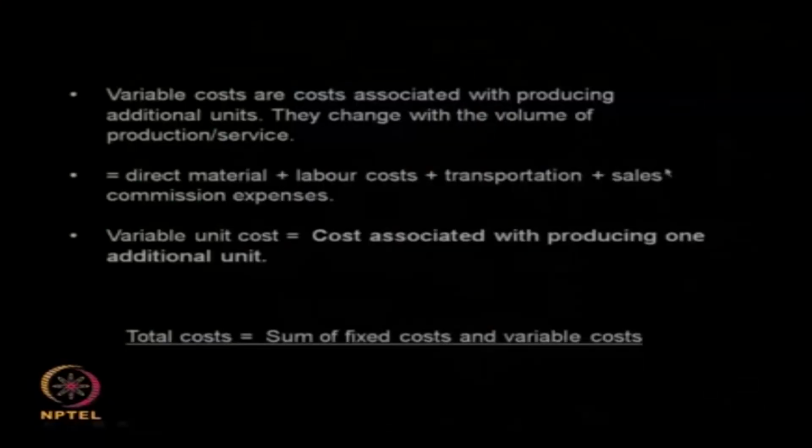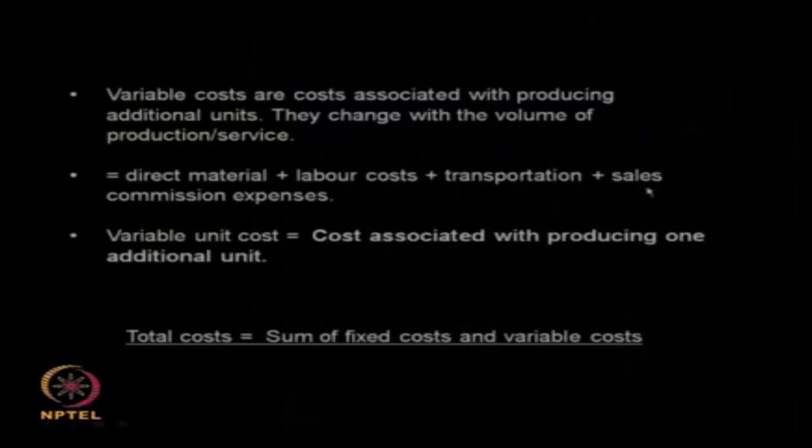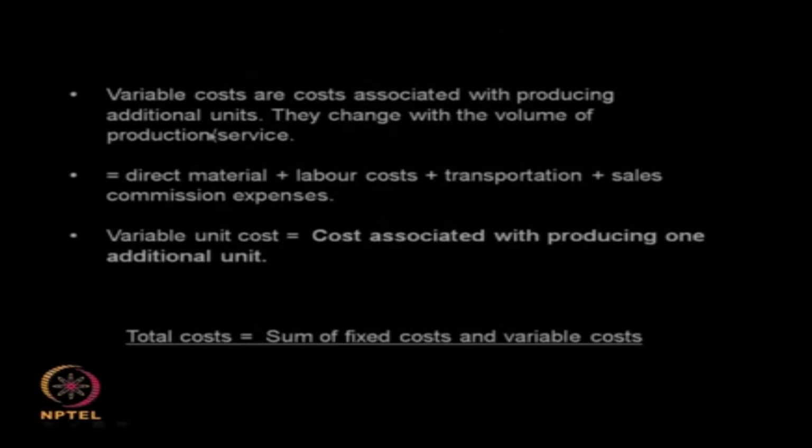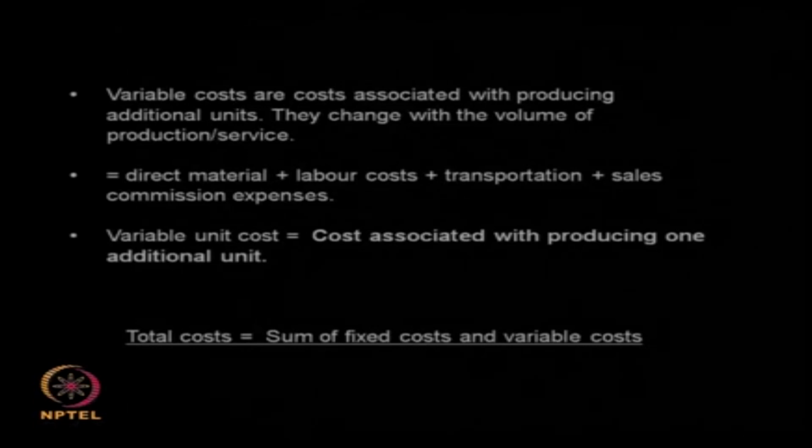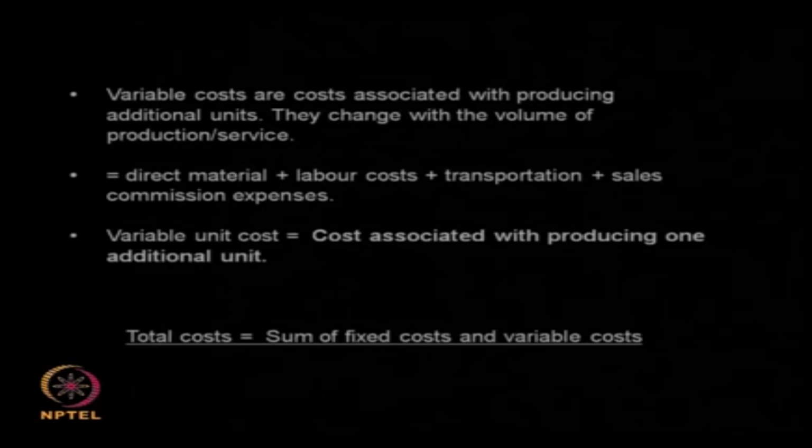Labor cost: if I employ labor, I will be paying for them. Transportation: I am going to transport my raw materials to the factory and the product out of the factory, so there is transportation cost. Sales commissions. All these are variable costs and they are directly proportional to the amount of material I make. So variable cost is the cost associated with producing one additional unit.